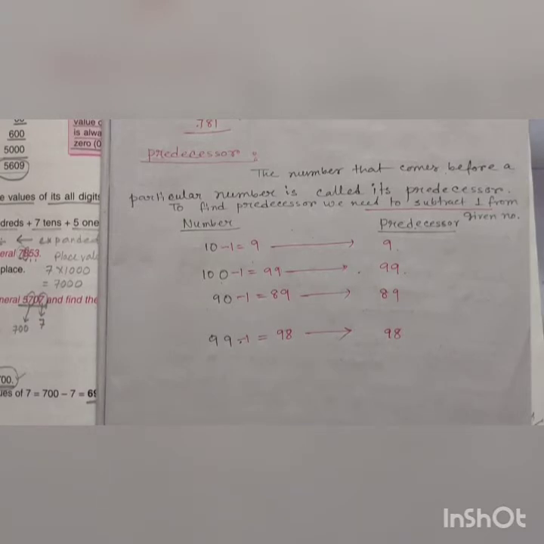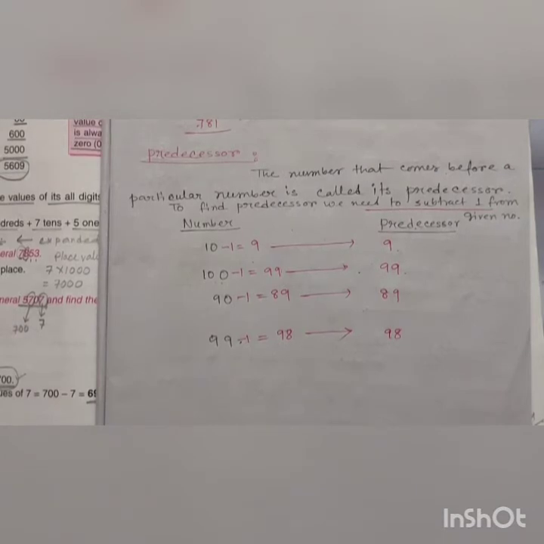The number that comes just after a particular number is called its successor. The number that comes before a particular number is called its predecessor. If I ask you the predecessor and successor of 2: the number that comes just after 2 is 3, so 3 is the successor of 2.